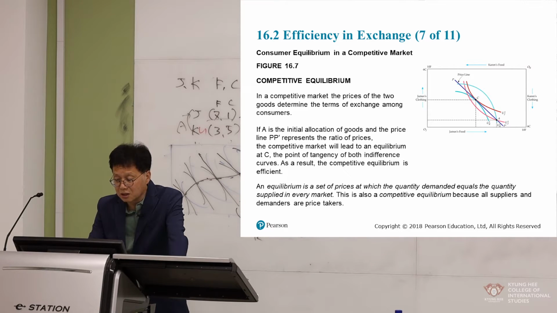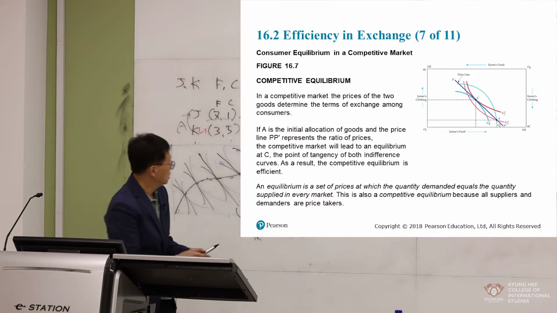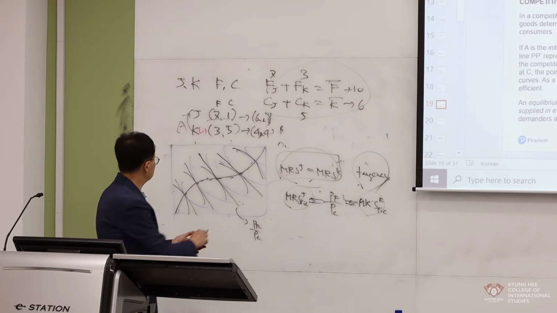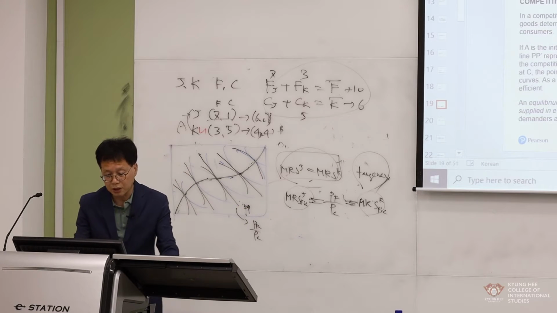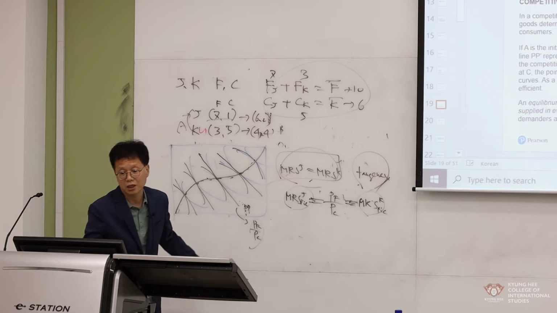If A is the initial allocation of goods and the price line, that is PP, for example. That is PP, price line, right? Slope of price line is PF over PC, simply talking, right?